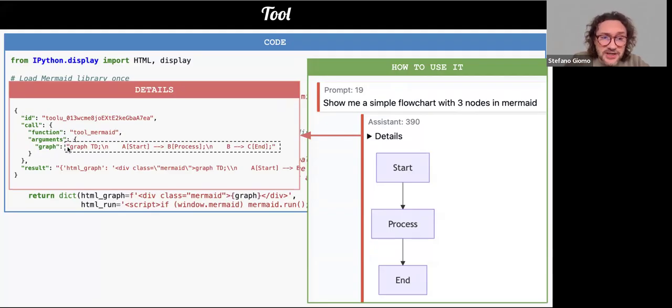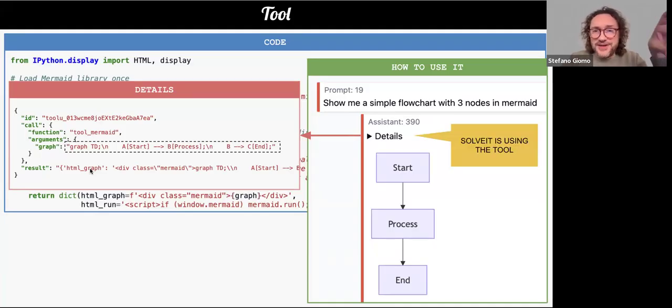And this tool is creating the DSL description of this top-down flowchart, and is returning the HTML graph, and I cropped it out, but it's the HTML run that will be run at the very end of the cell. And so it's SolveIt deciding to do this, and you find the chart within your response.